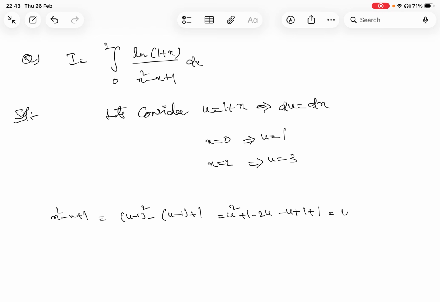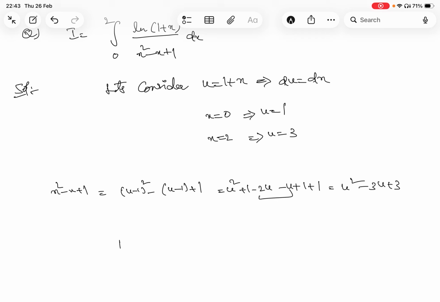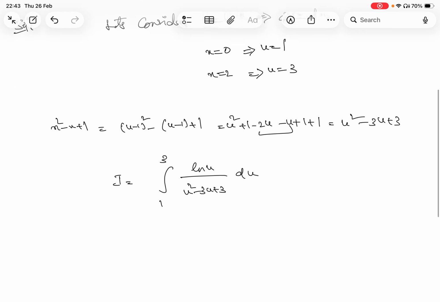Now you can see this is u² − 3u + 3. Now this I becomes, with the integration limits changed to 1 to 3, ln u divided by (u² − 3u + 3) du. Fine.